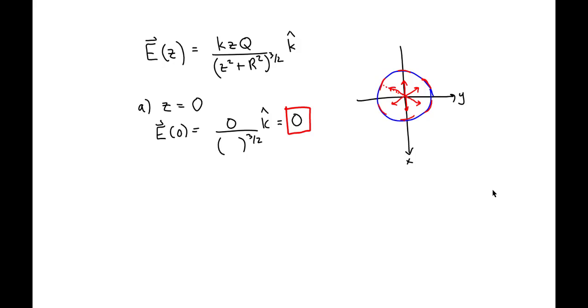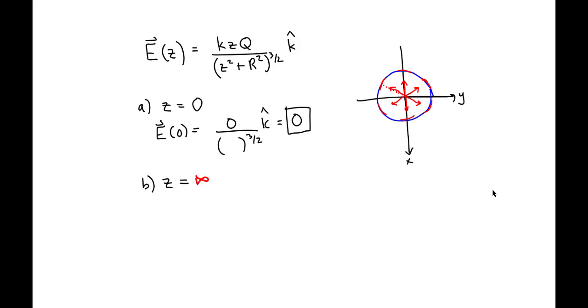Well, let's do another reality check. What is the electric field when we are infinitely far away, at a point when Z is equal to infinity? Well, let's look at that. If Z is very, very far away, let's see what we would expect.